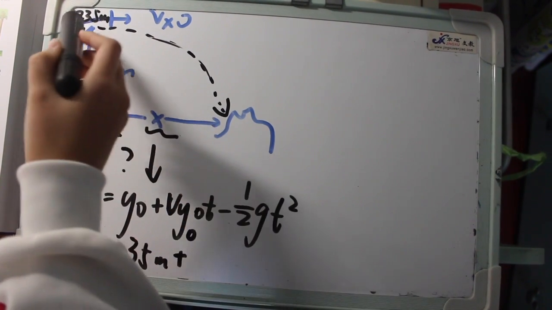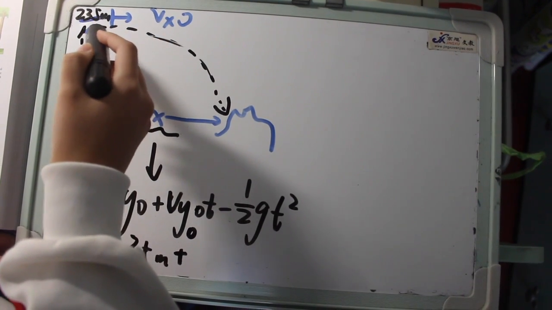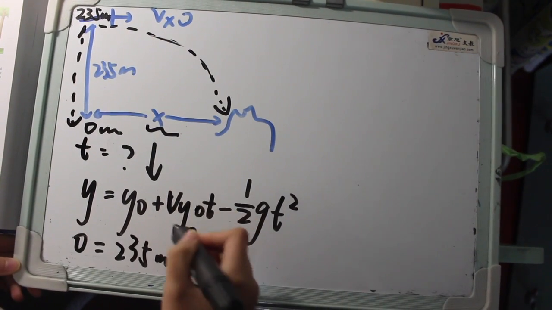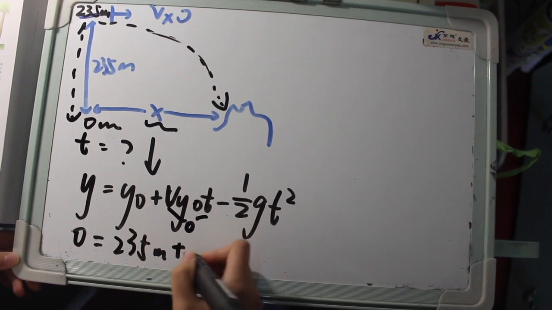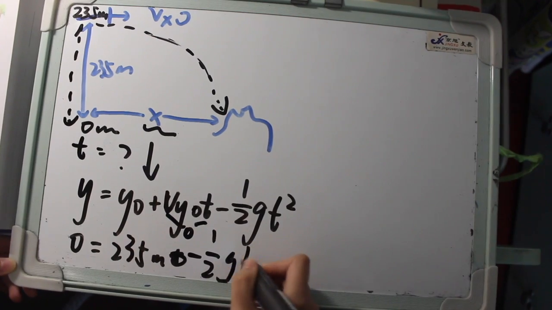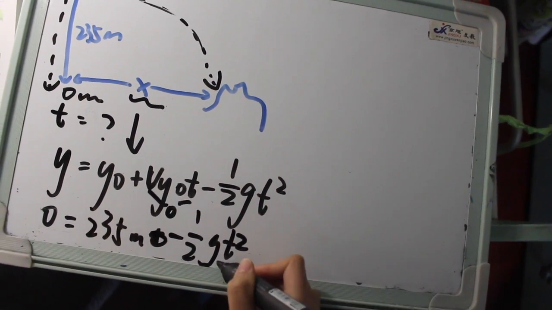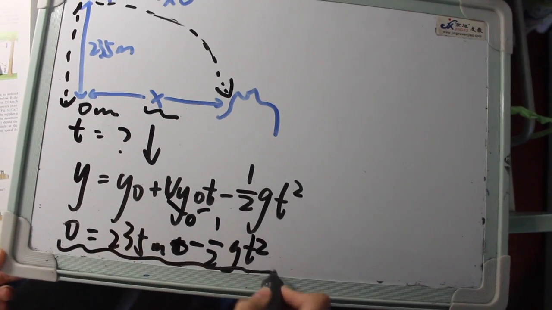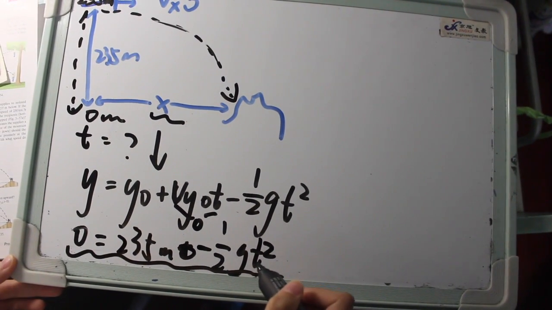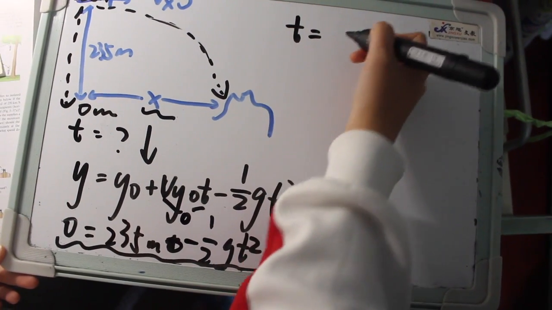That's because the plane was flying horizontally before the goods were dropped. And this part is 0, and minus this. Then by calculating this one, we can get the t.